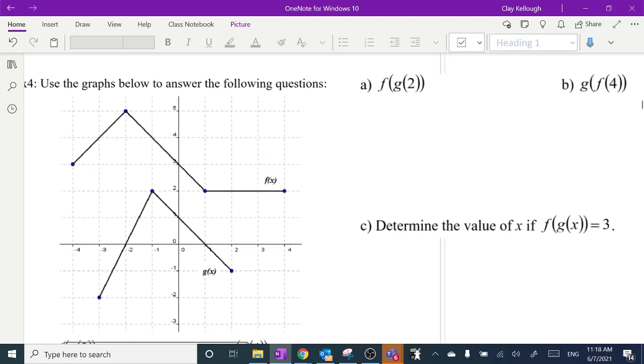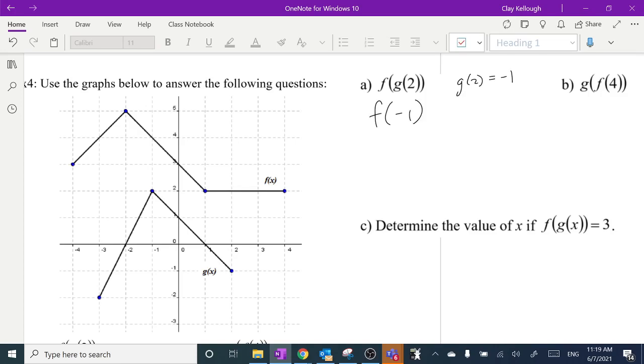Okay, so what is f of g of 2? Well, on the g function, find me g of 2. So let's see. So g of 2. Well, when x is 2 on the g function, y is negative 1. So I'm actually looking for f of negative 1 because g of 2 is negative 1.